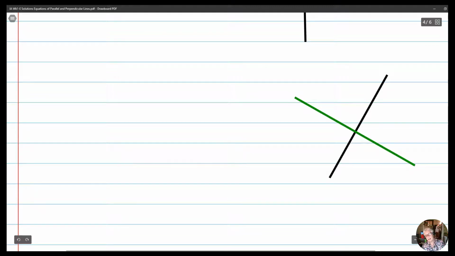And that. I'm sure this isn't exactly 90 degrees, but it's pretty close. These are perpendicular lines. So you can see immediately that the slopes are not going to be the same.